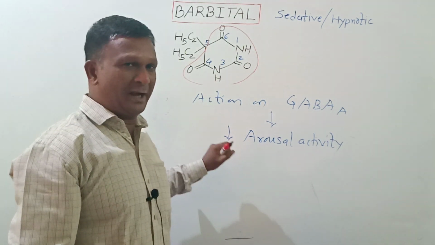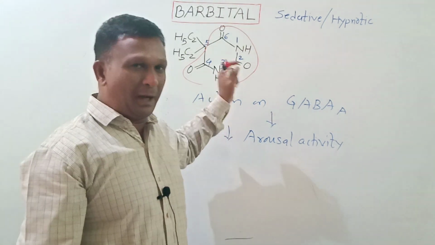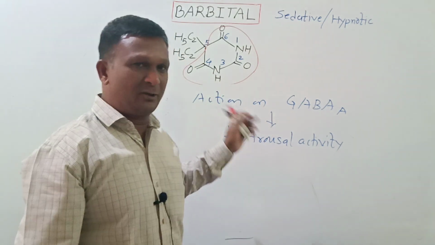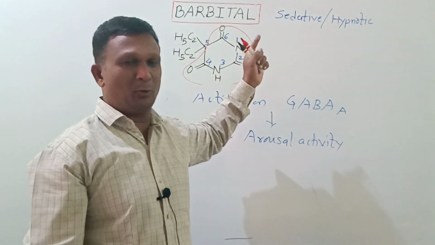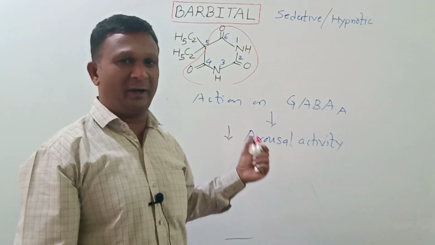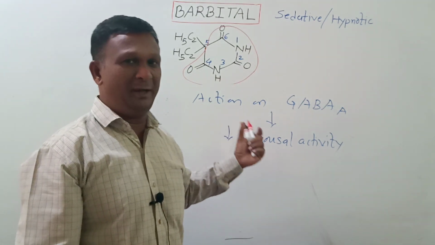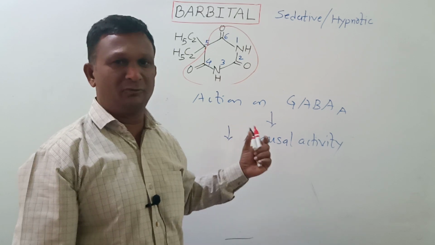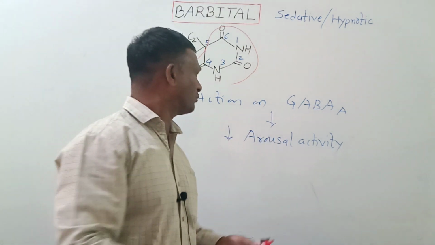Due to such activity, barbital finds its use as a sedative and hypnotic drug, and at one time it was a very popular sleeping aid which was used in treatment of insomnia.